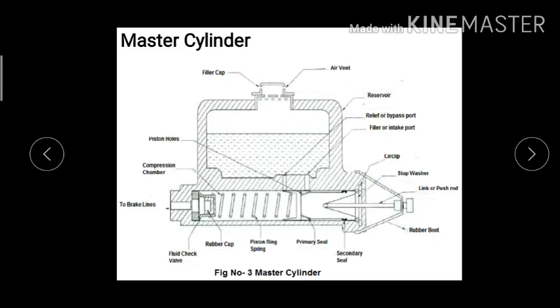That pushing back takes place through this check valve into the master cylinder, and the piston moves towards the right in the master cylinder because of the spring. Now the fluid under pressure, which is coming from here, will lift the check valve from its seat, allowing the fluid to return to the cylinder.